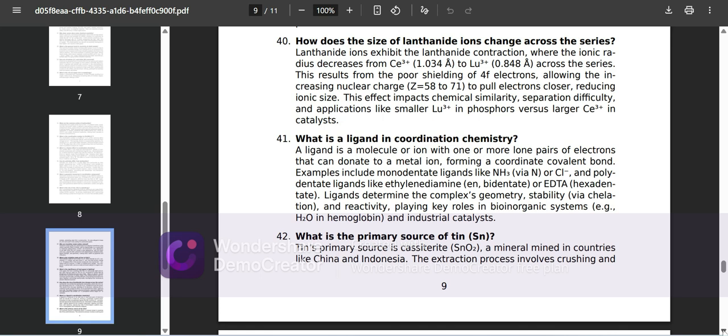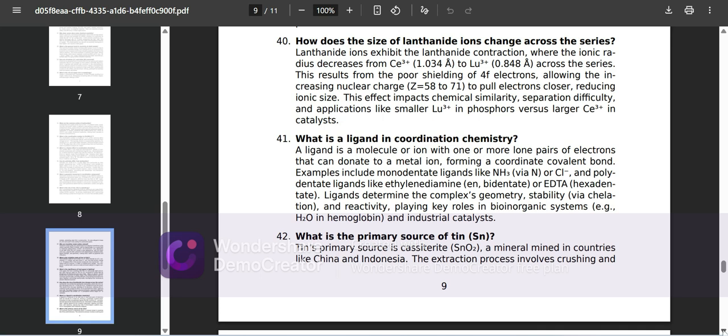This results from the poor shielding of 4f electrons, allowing the increasing nuclear charge, Z equal to 58 to 71, to pull electrons closer, reducing ionic size. This effect impacts chemical similarity, separation difficulty, and applications like smaller Lu3+ in phosphors versus large Ce3+ in catalysts.